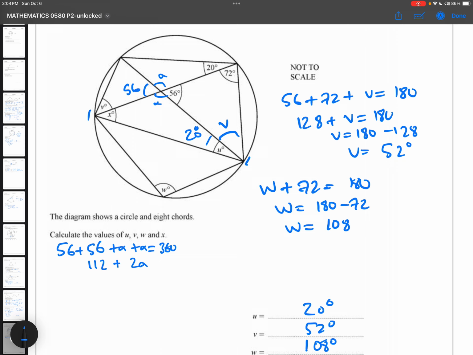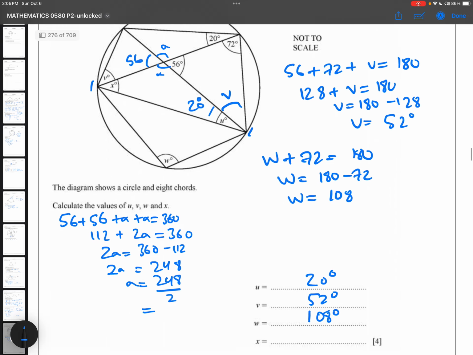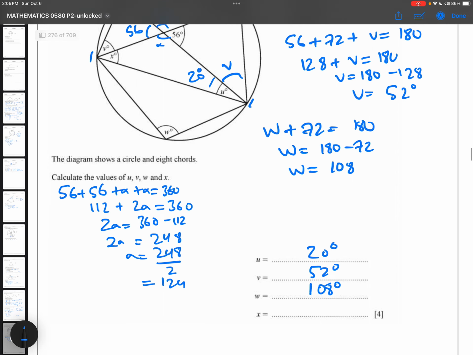A plus A is 2A, which is equal to 360 minus 112. So 2A will be equal to 248, and A will be equal to 248 divided by 2, which is 124. So A is 124 now.